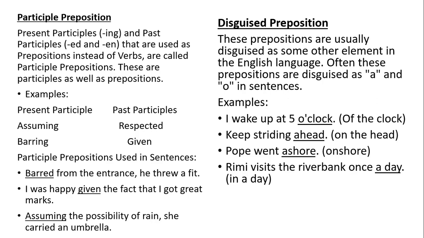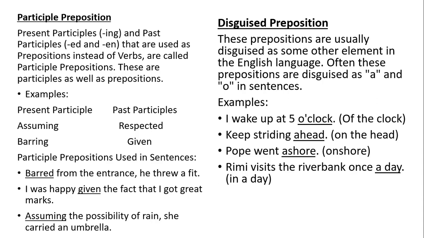They are used in such a form that you will feel confused, is it a separate word, or is it an article? Because they don't look like prepositions at all.